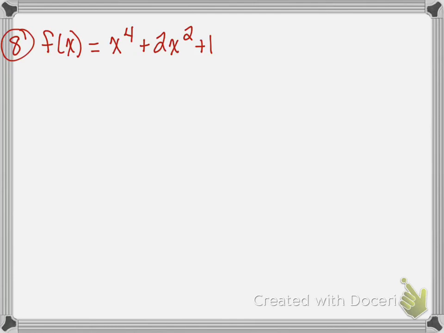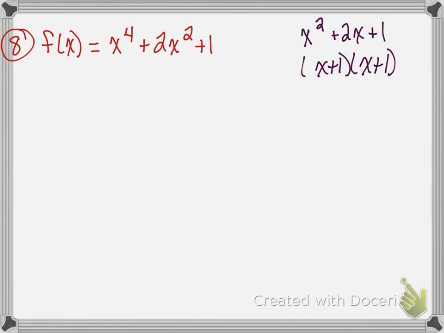So the next one is f of x equals x to the 4th plus 2x squared plus 1. Now we are going to factor this the same way we would factor x squared plus 2x plus 1. So if we factored x squared plus 2x plus 1, that is a perfect square trinomial, and we can factor that by saying x plus 1 times x plus 1.